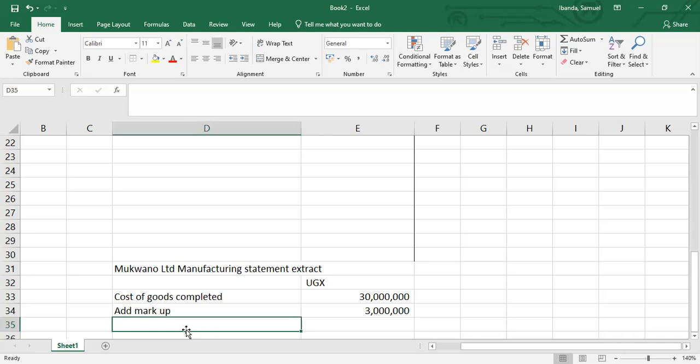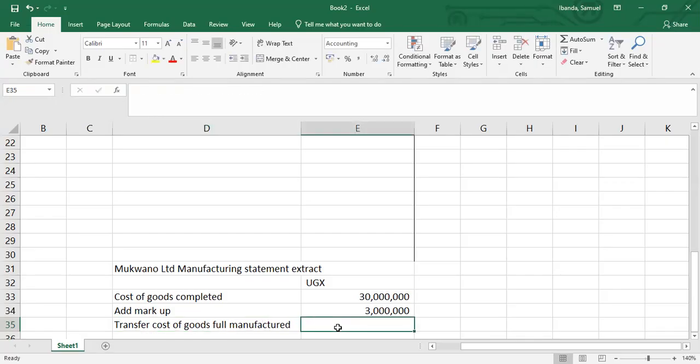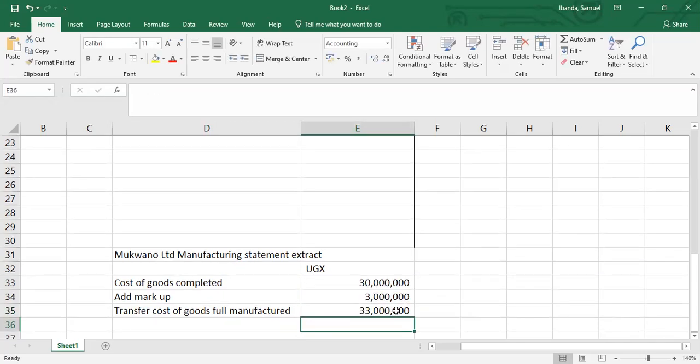So since we are now transferring at a markup, our transfer cost of goods fully manufactured will basically be the summation of these two. This plus that gives me 33 million. So this is what the examiner needed.